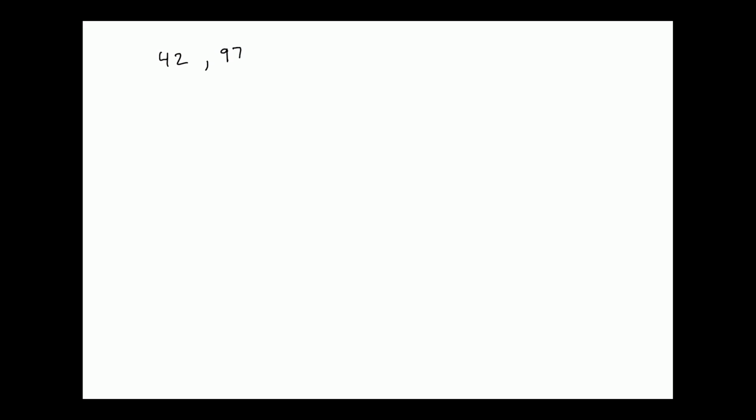When I say unsigned, what I mean is this. A uint8 is an 8-bit unsigned integer, the U for unsigned, and can encode 0 through 255.